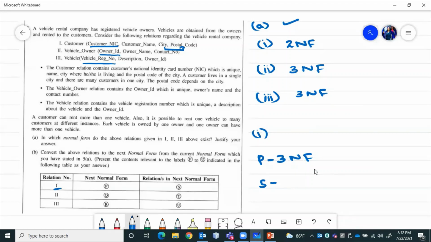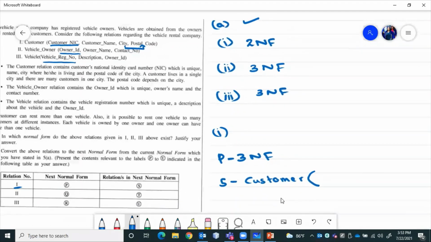Okay, here the postal code is depending on the city. So we can have a Customer relation. Use the exact terms that they have given. If they have given Customer starting with a capital letter, use the exact terms. Customer, and then we have to give Customer_NIC.